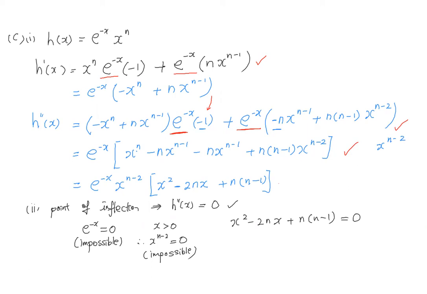So this is a quadratic, correct? If we want to show that there are always 2 solutions, what should we do? We know that n is always greater than 0. So what should we do? We show the b squared minus 4ac. Yes. So I told you already, very important for quadratic. So my b is negative 2n, squared, minus 4ac.